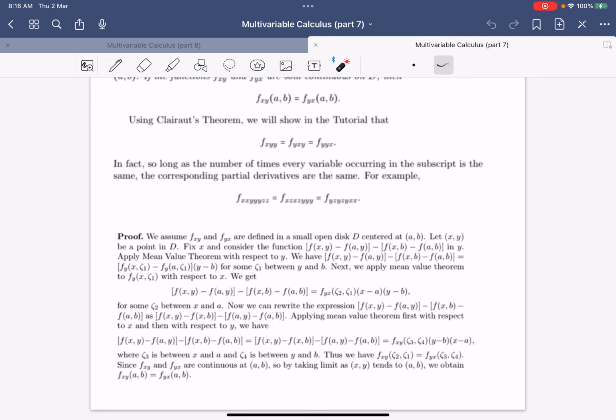And then we can now apply the mean value theorem to the partial of y, and we'll get f(x, y) minus f(a, y) minus f(x, b) plus f(a, b) will equal to the partial derivative at some point times (x minus a) times (y minus b).